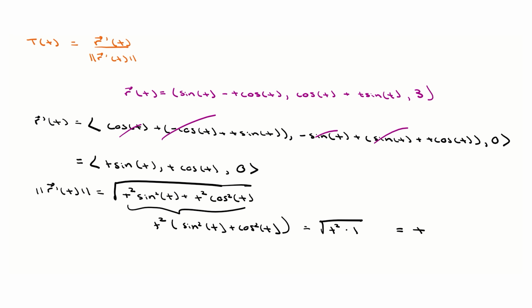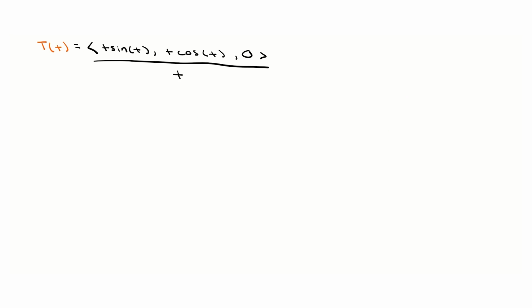At this point, we have our numerator and our denominator, so I'm going to put all this together. All right, this is our unit tangent vector, and we can simplify this. So what we'll do is we'll split up the different parts of our curve to give us t sine of t over t, t cosine of t over t, and 0 over t.